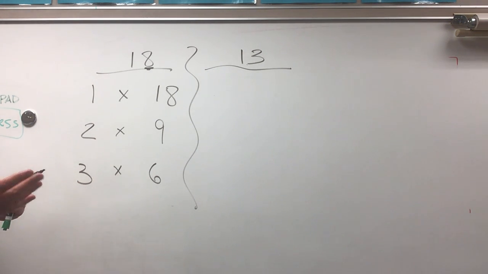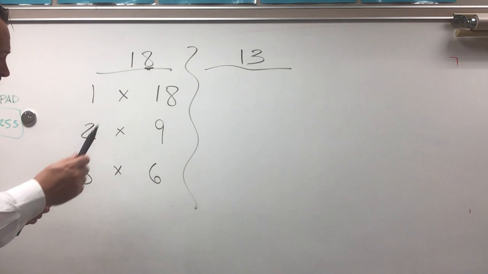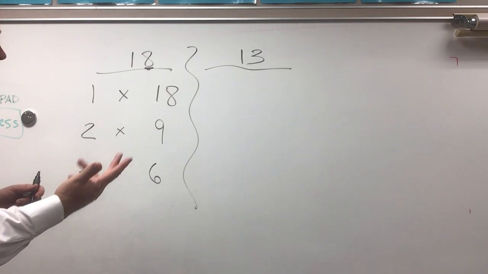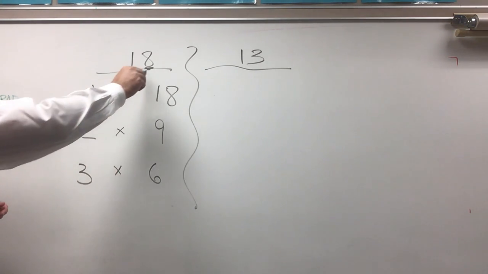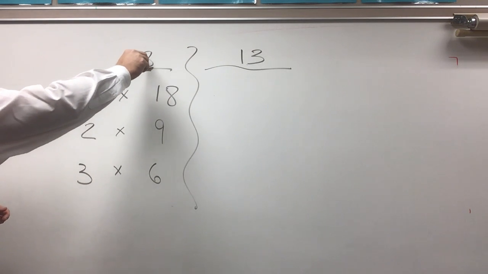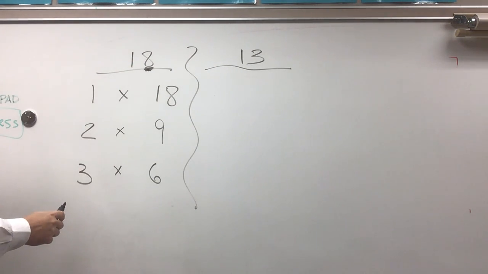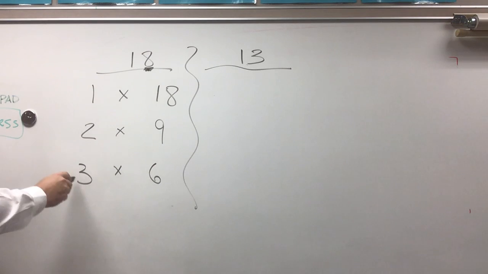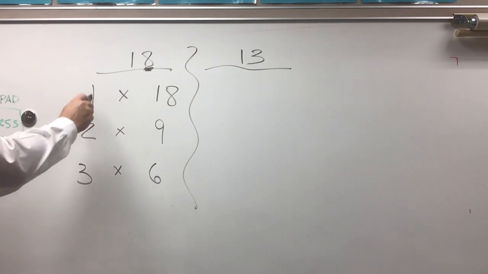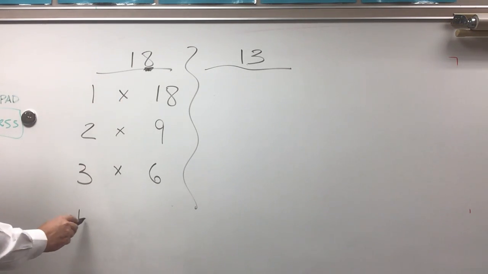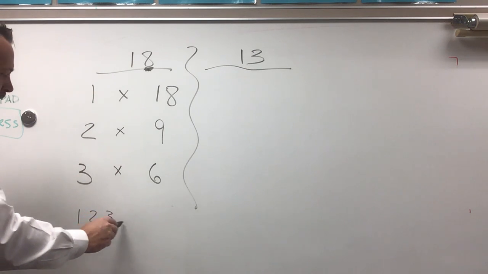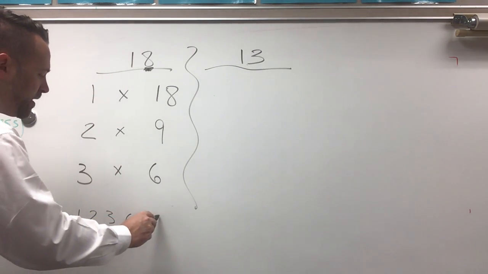Does that work? Nope. What about 5? 5, 10, 15. And you know what? I would probably know that 5 doesn't go into it because this doesn't end in a 0 or a 5, okay? So the only numbers I have that are factors of 18 are already listed in order. So 1, 2, 3, 6, 9, and 18.